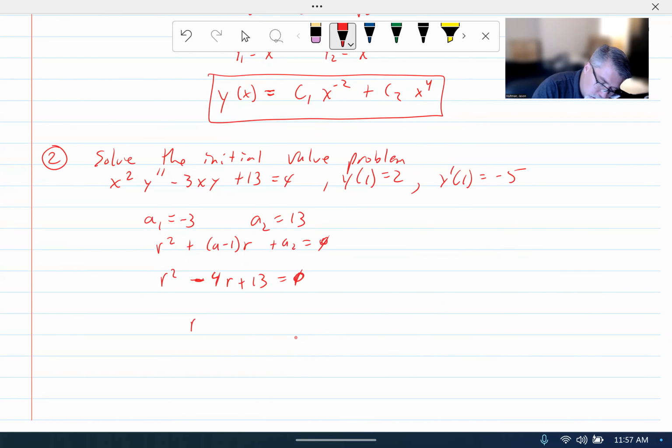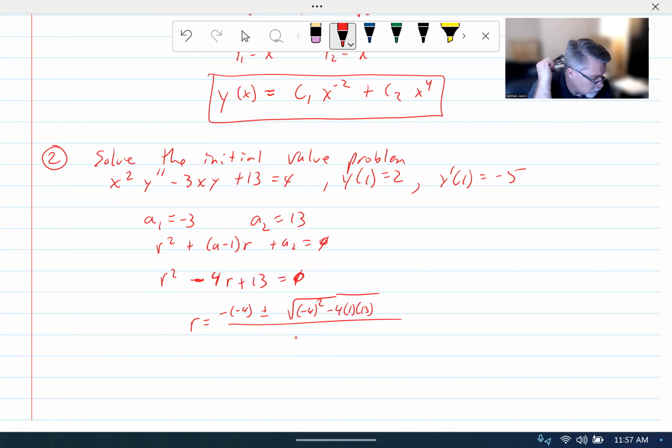And so we're going to say r equals negative of negative 4, plus or minus the square root of negative 4 squared minus 4 times 1 times 13, all over 2 times 1.